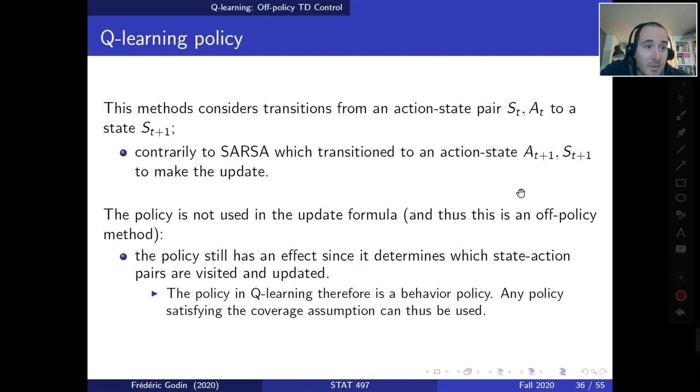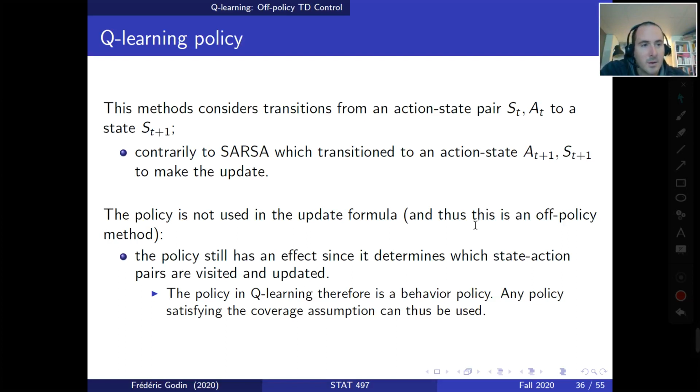So here, as we mentioned, the policy that we consider to generate episodes appears nowhere in the update rule because the update rule does not consider A_{t+1}. It doesn't consider what your policy is to generate the next action.